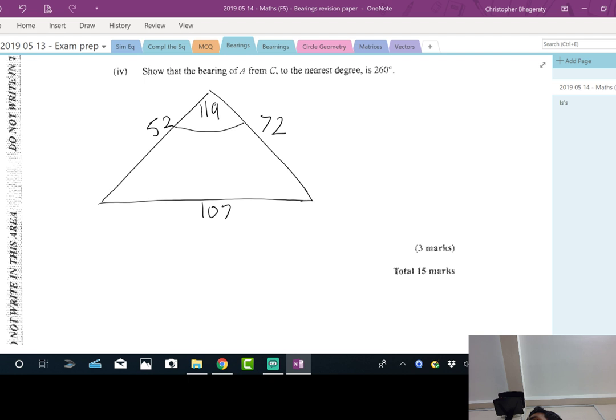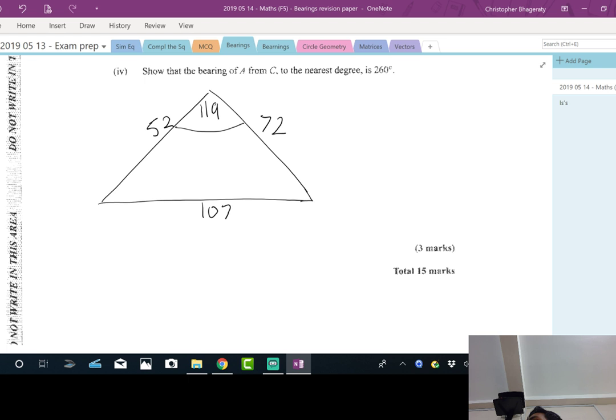Alright, so that's C there. So the bearing of A from C. Actually, no, I don't like how I'm looking. Alright, so 72. This is C. So the bearing of A from C. Now what is a bearing again?